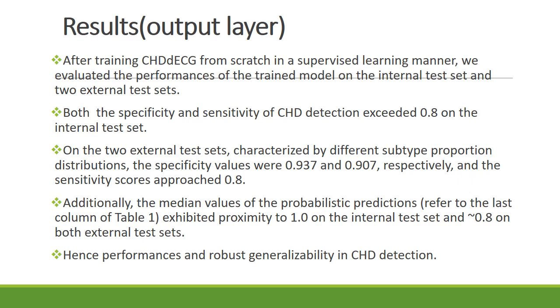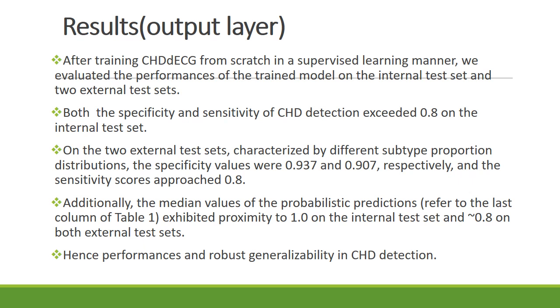After that, we continue with the results of the output layer. After the training, of course, we have the results from the output layer. We evaluated the performance of the trained model on the internal test set and two external sets. Both the specificity and sensitivity of CHD detection exceeded 0.8, that's like 80%.